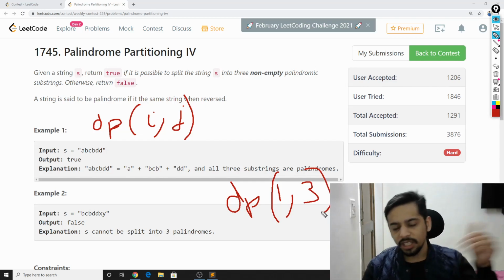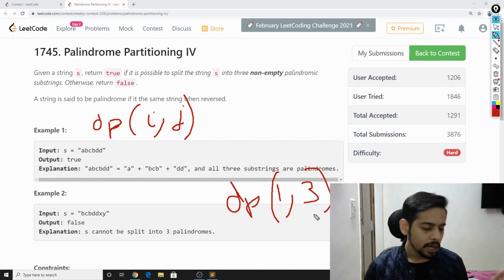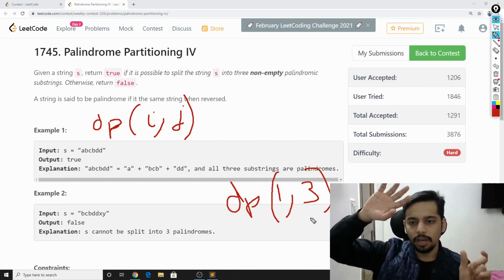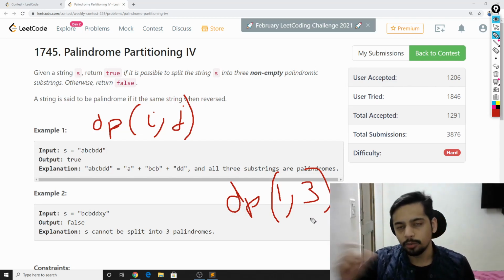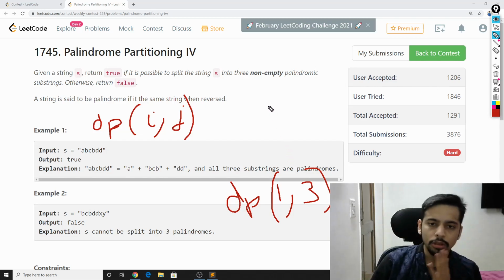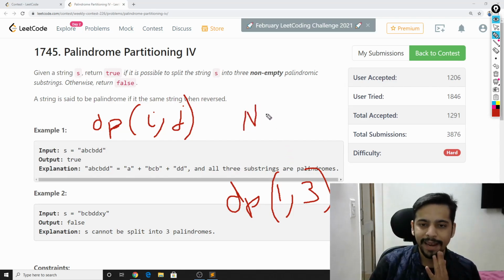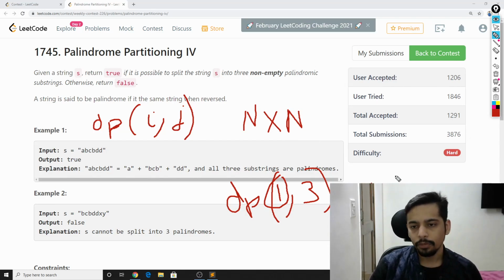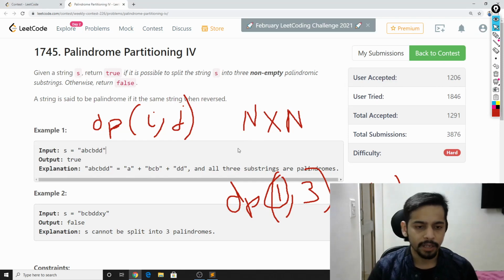And my transition would be that you try to break it at every point wherever you find the first palindrome, and then recur for the remaining string and break it into one less number of palindromes. So thinking about the complexity, there are n states here, and overall transition time would be n, so it's going to be n squared. Not bad. I think that's what they would be expecting.